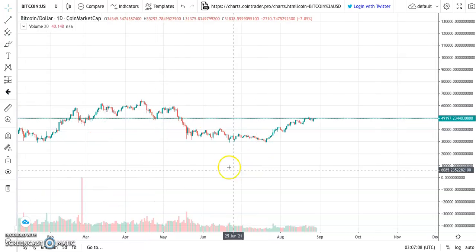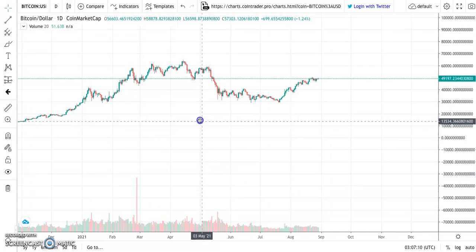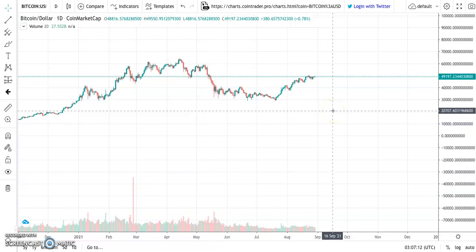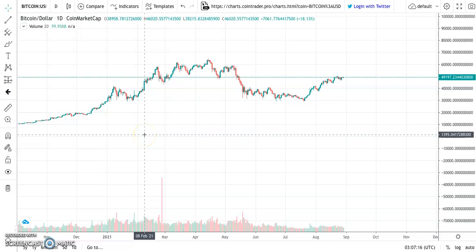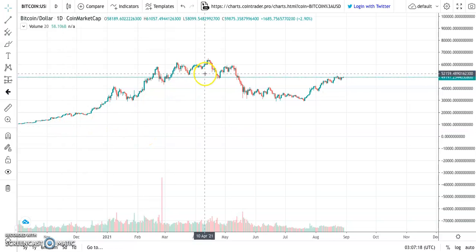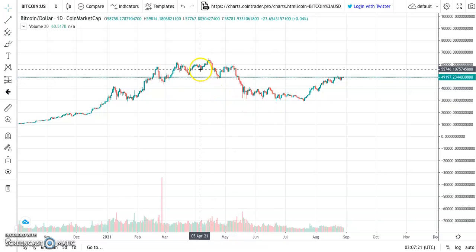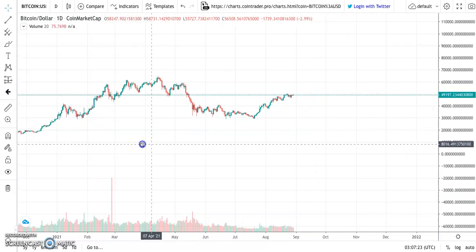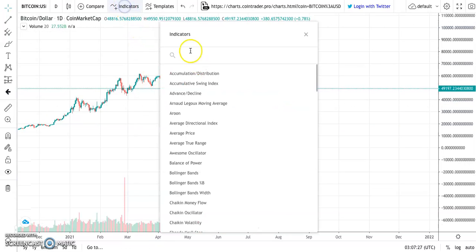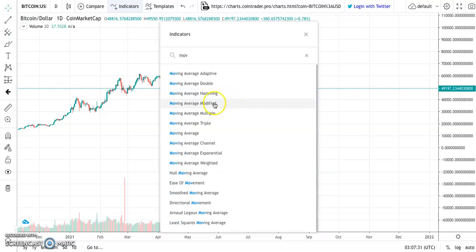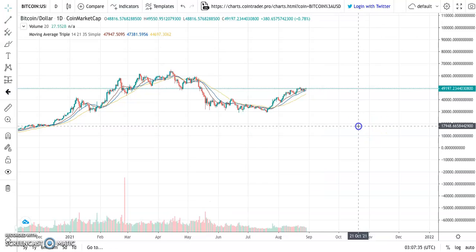As indicators, what gives you indications for a bull trend or a bear trend, I will show you as well. A bull trend in general is when the price goes up, and the bear trend is usually when the price goes down. For those indicators, we're using the moving day average. So we go here on indicators, and then we type in moving average triple because we want to integrate 3 moving averages.